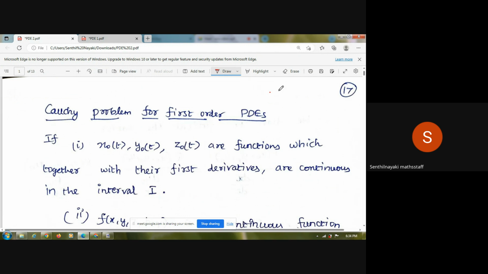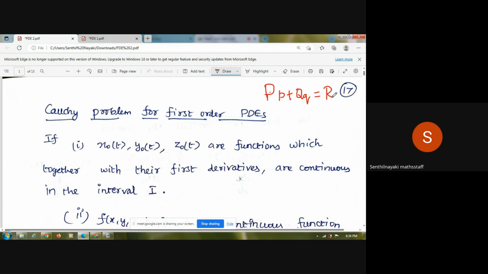Non-linear means the derivative and its dependent variable can be in product. So that is a non-linear PDE. For Lagrange's problem, only linear PDE can be solved. So that equation is of the form Pp plus Qq equal to R.